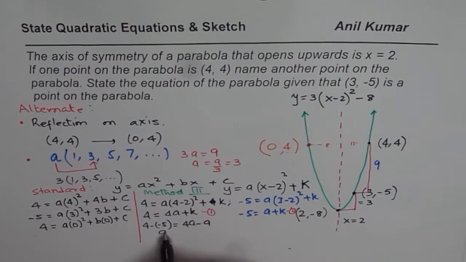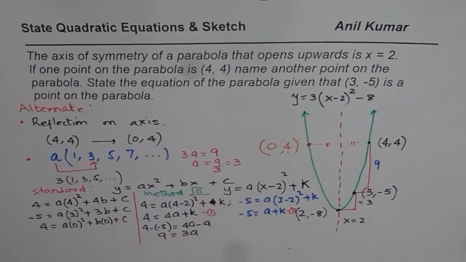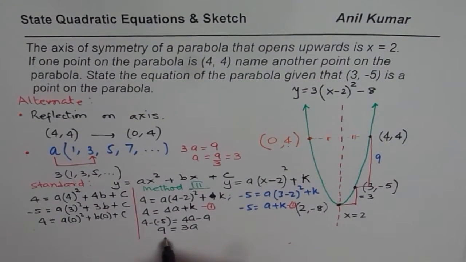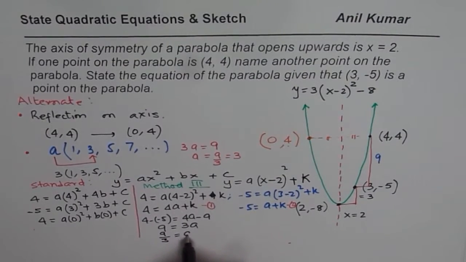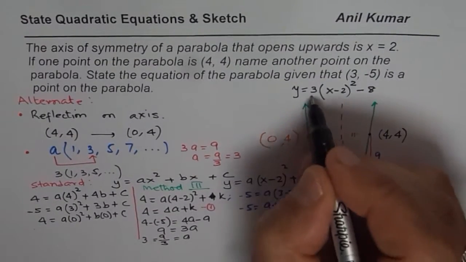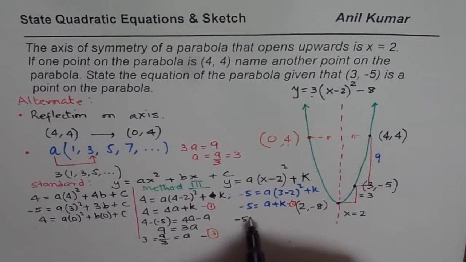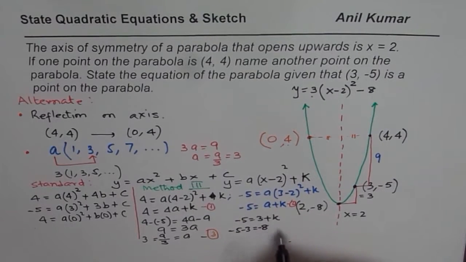So that is 9 equals 3a, and that gives me a equals 3, right? So 9 divided by 3 is a, so a equals 3. Let me call this equation 3. We can always substitute this here and find k. So substituting a as 3, we get minus 5 equals 3 plus k, and from there minus 5 minus 3, which is minus 8, equals k. So we get the value of k also.